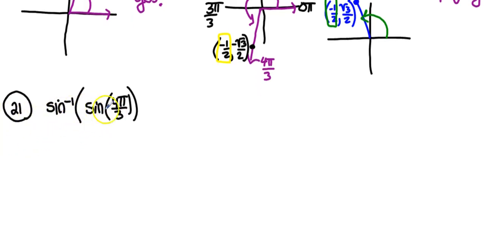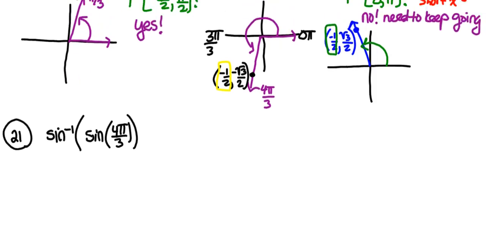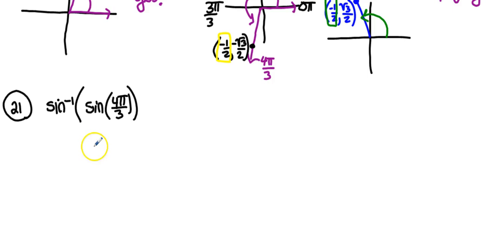So these two inverse trig functions are technically exact opposites of each other, but before I can say they cancel, I have to see if 4 pi over 3 is between negative pi over 2 and pi over 2 on the unit circle. So let's sketch it.